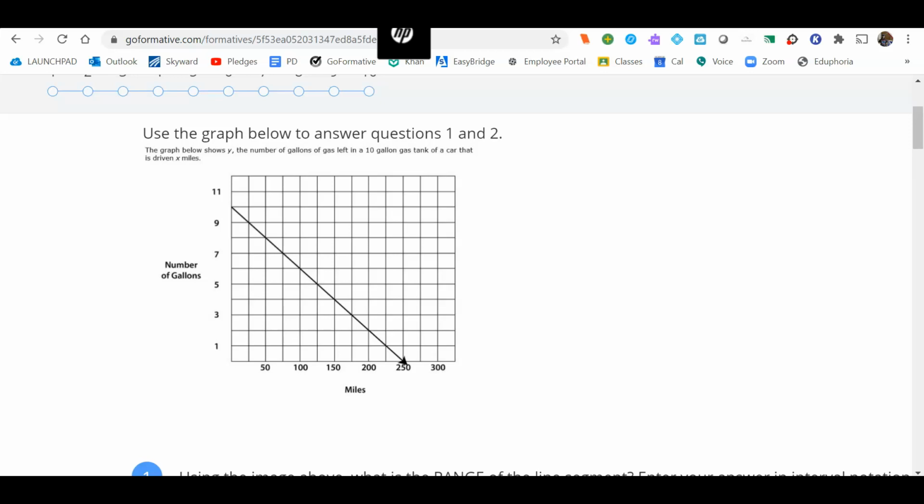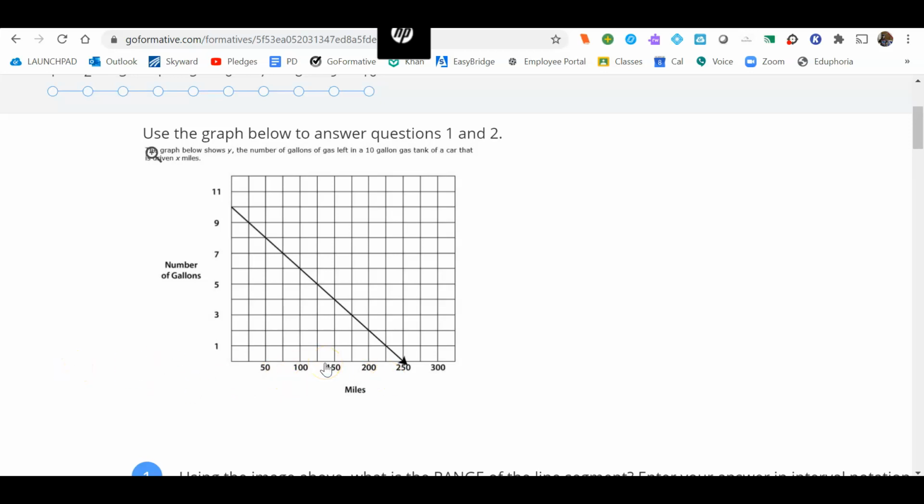Okay, so up and down, this is the y-axis. It's talking about gallons of gas, right? And they said it's a 10-gallon gas tank. Obviously, right here, it's a full tank of gas, right? The x independent horizontal axis is labeled as miles.